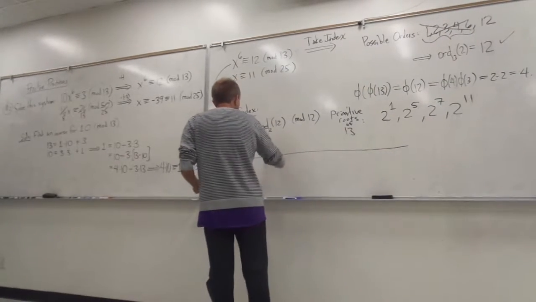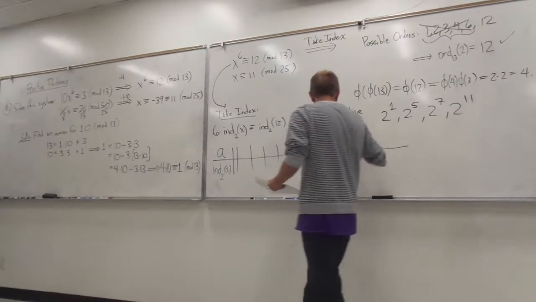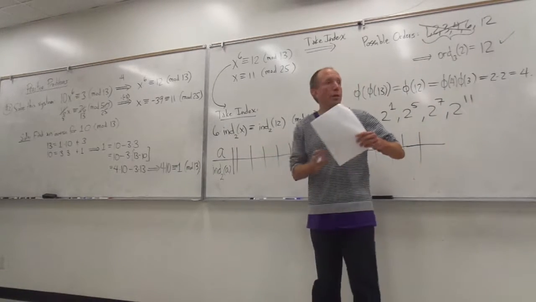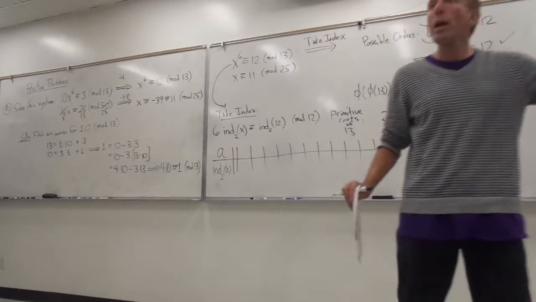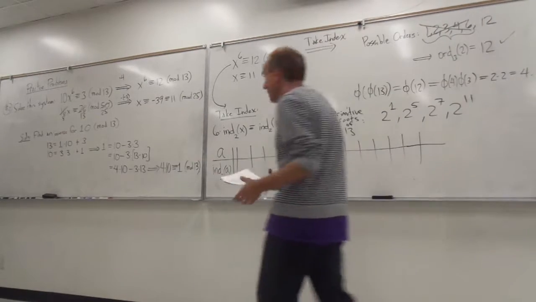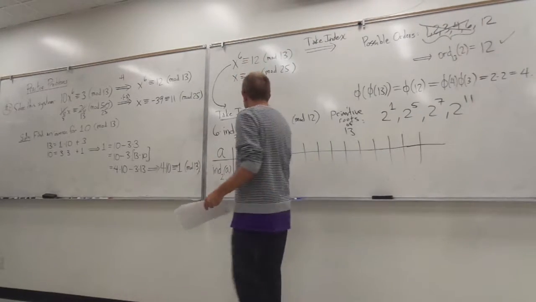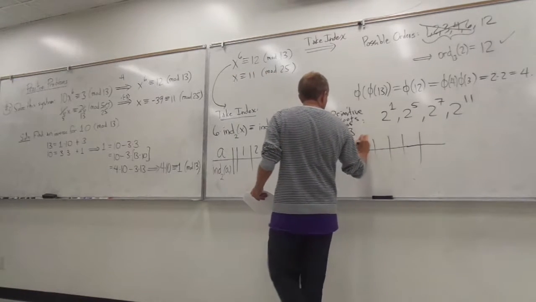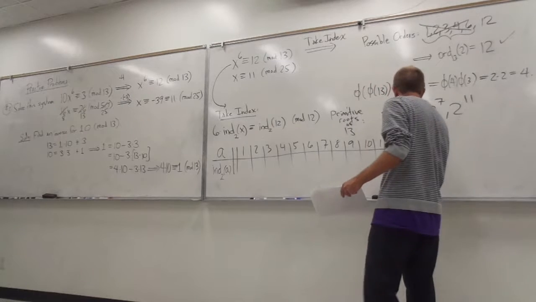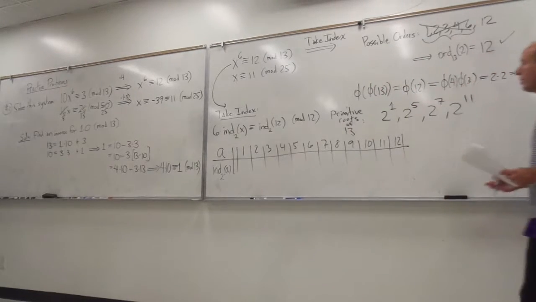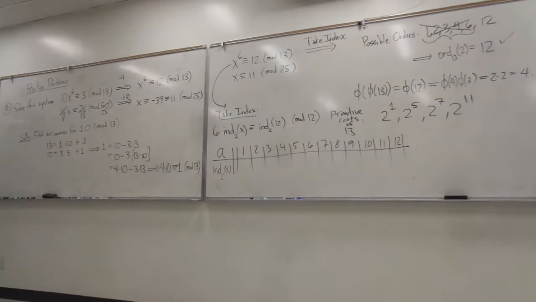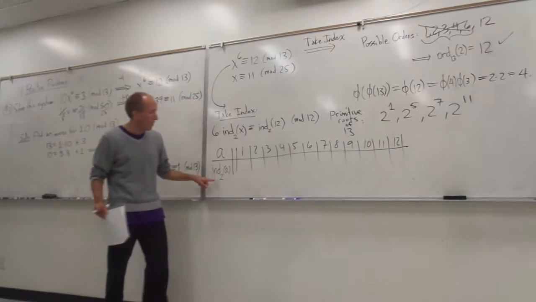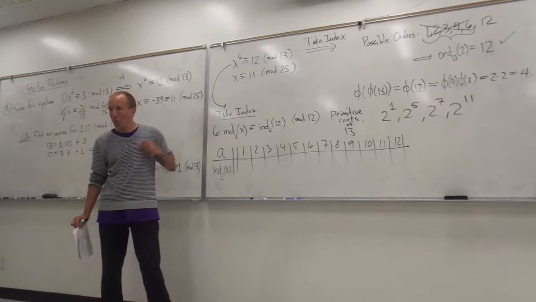The numbers on top are the numbers relatively prime to 13, which happens to be every number: 1, 2, 3, 4, 5, 6, 7, 8, 9, 10, 11, and 12. For each choice of a, you're asking what power of 2 would be congruent to that.